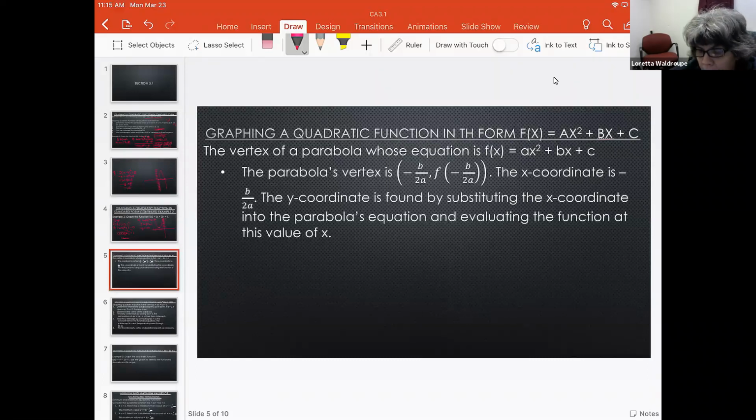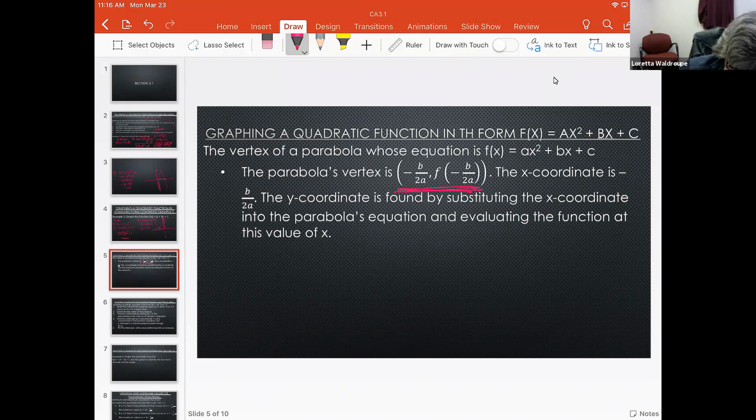Okay. Now, sometimes the formula is not in that form. Sometimes it's in quadratic form, ax squared plus bx plus c. If that's the case, this is the formula you're going to use. Don't let that formula confuse you. Okay?